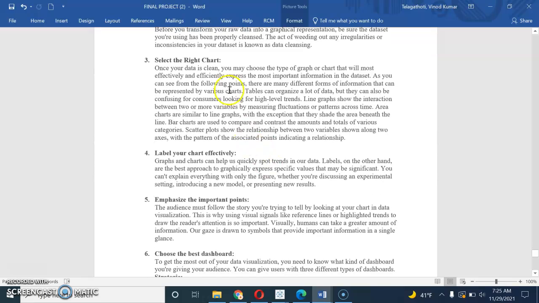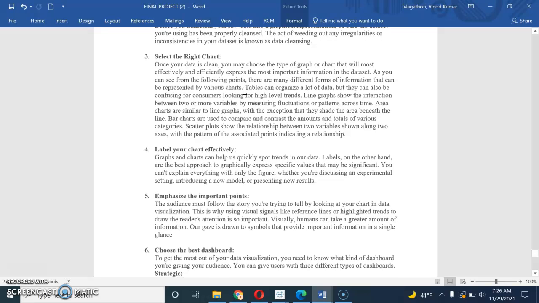So we'll go over what types of charts are important, because bar graphs are used for comparison. Tables can organize a lot of data. Line graphs show the interaction between two or more variables, whereas area charts are similar to line graphs with the exception that they shade the area beneath the lines and cover more volume and area.